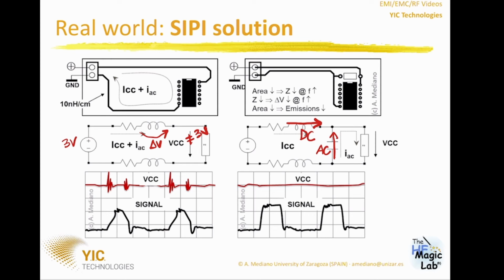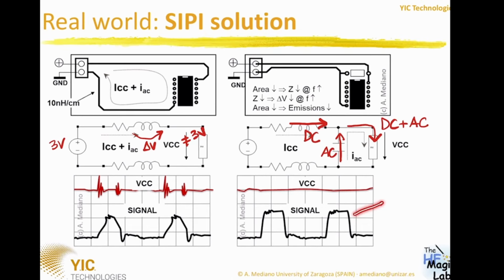If you have these two components of the current going to the integrated circuit, the integrated circuit will be working perfectly because the AC current is not creating the voltage drop in the parasitic inductance. This is what you can see in the lower part of the image. You have a flat VCC, low ripple, and you have a good, in this case, a square wave signal.